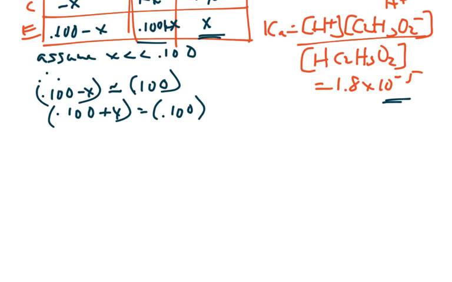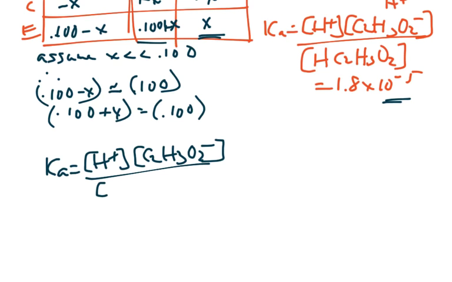If I go back to our Ka expression, I have the concentration of H plus times the concentration of C2H3O2 minus, all over the concentration of C2H3O2, and we know that equals 1.8 times 10 to the negative 5.